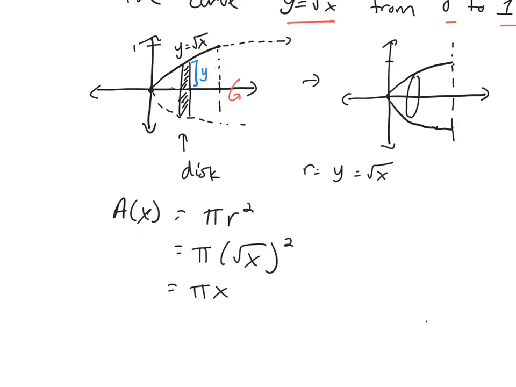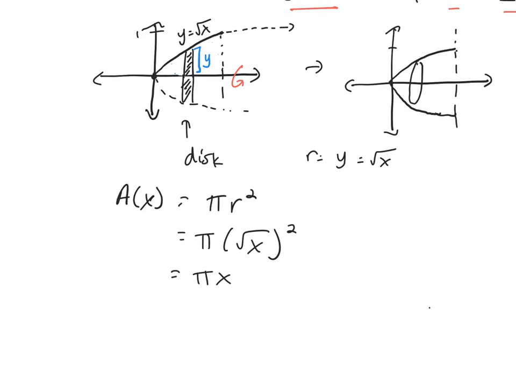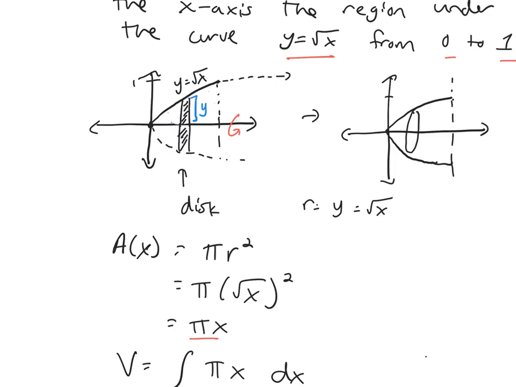So I'm ready to set up my integral for volume. The volume is the integral of A of x, so that's this thing right here, pi x. So pi x dx. And now I've got to think about my bounds. What was my range on my x values in my picture?